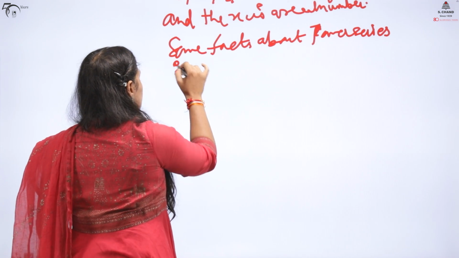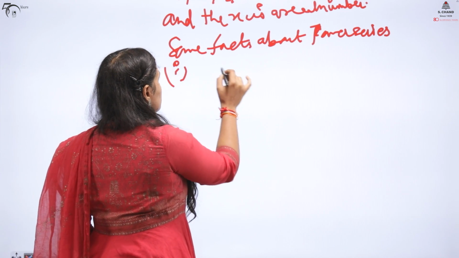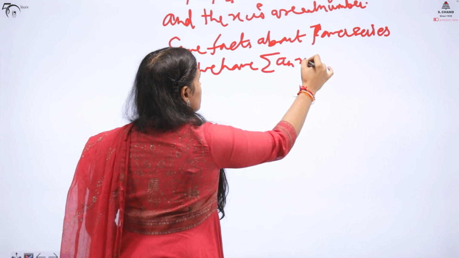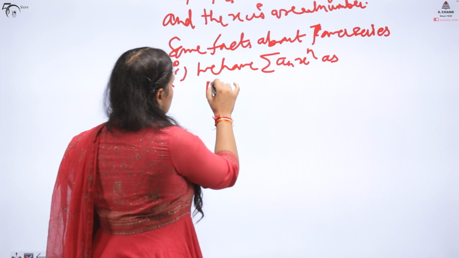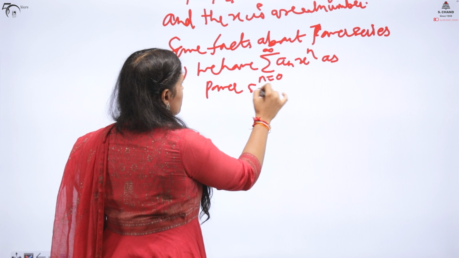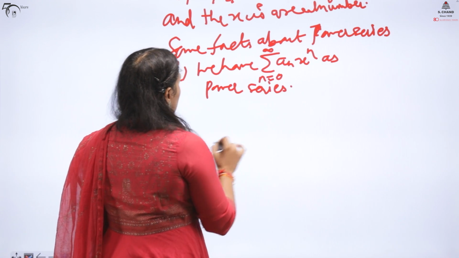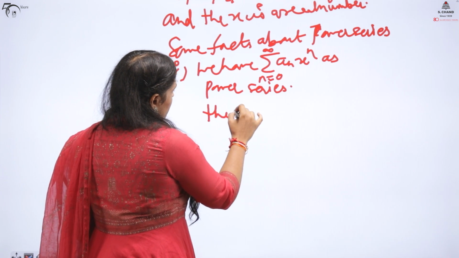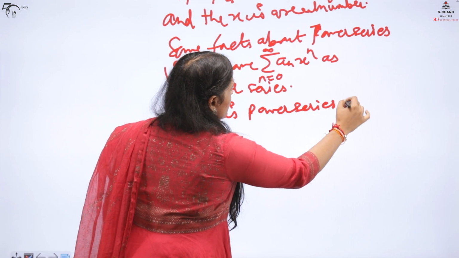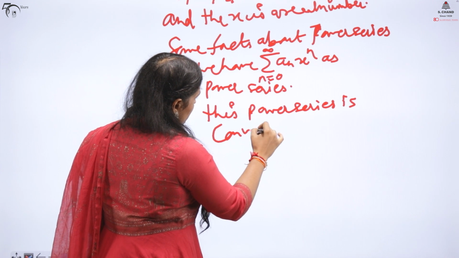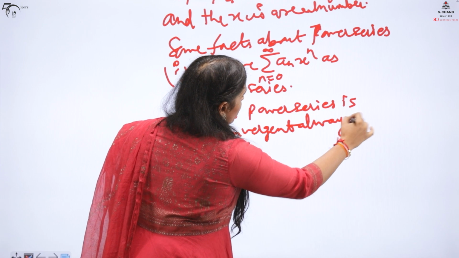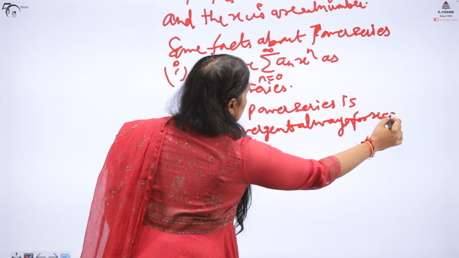Number 1, basically we have this power series, n from 0 to infinity. This power series is always convergent for x equal to 0.